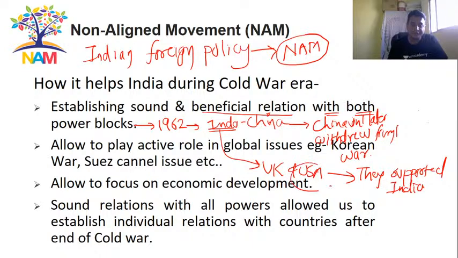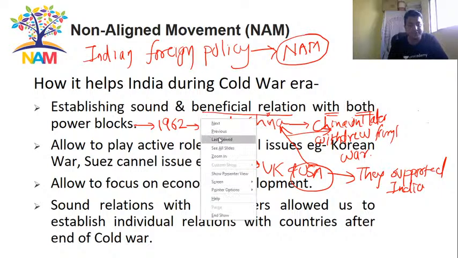And because of the fear of USA, China did this thing. Because of the fear of USA, China withdrew unilaterally from Indian territory. Clear? So how was this relation beneficial? And this is the first example of it.